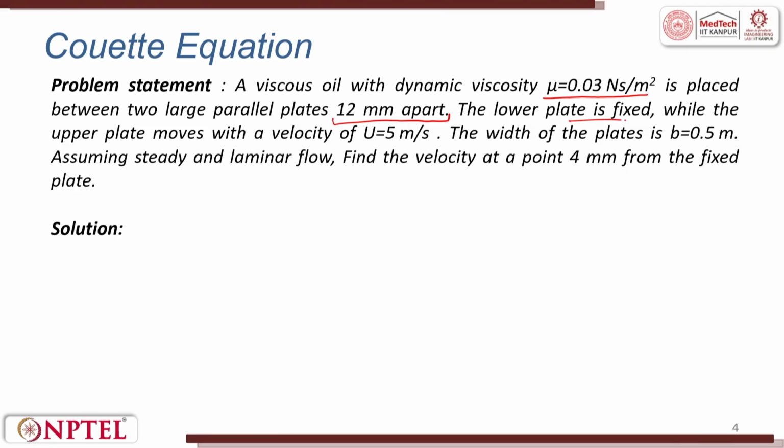The lower plate is fixed while the upper plate moves with a velocity U of 5 meters per second. The width of the plates is denoted by b, which is 0.5 meter each. Assuming steady and laminar flow, find the velocity at a point 4 mm from the fixed plate.